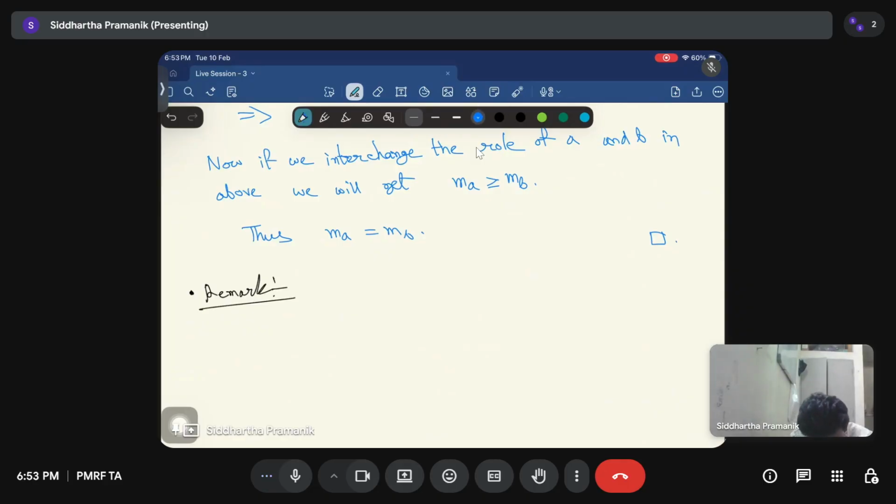So if the base field has characteristic 0, then this multiplicity has to be 1. Why? Because in case of characteristic 0, all finite extensions are separable. So all irreducible polynomials are separable. So all roots of f have multiplicity 1.